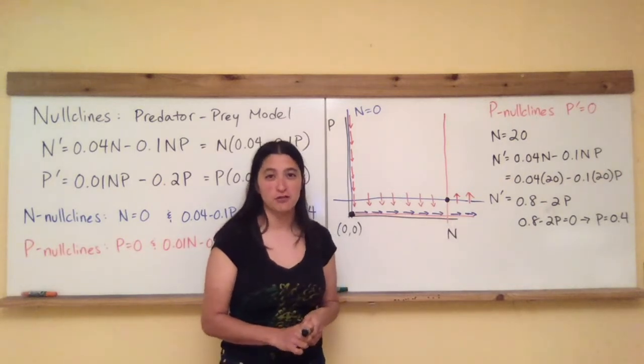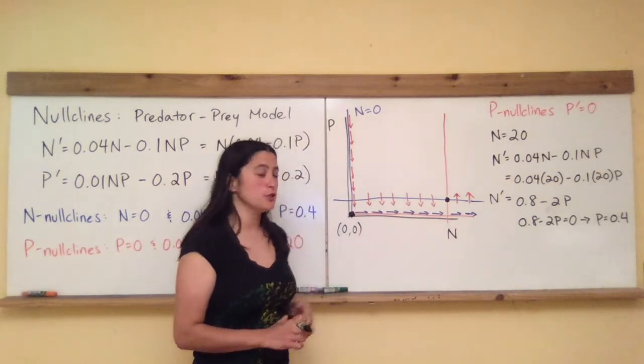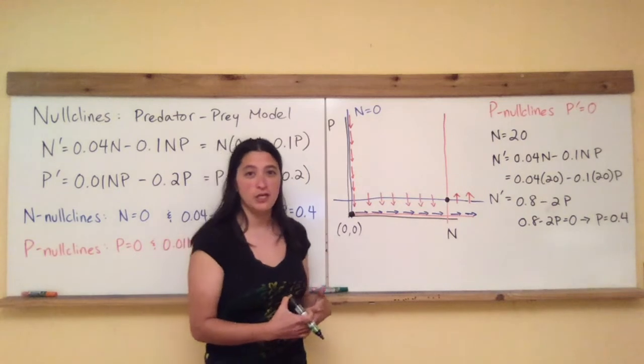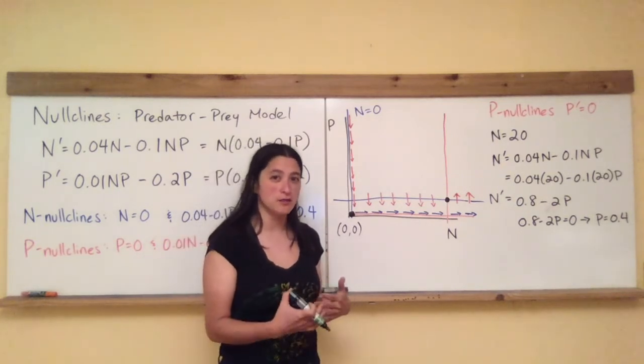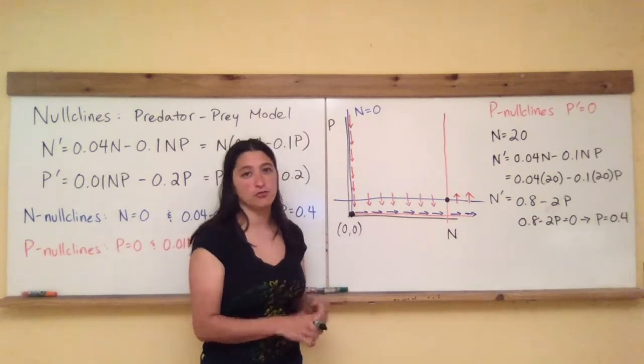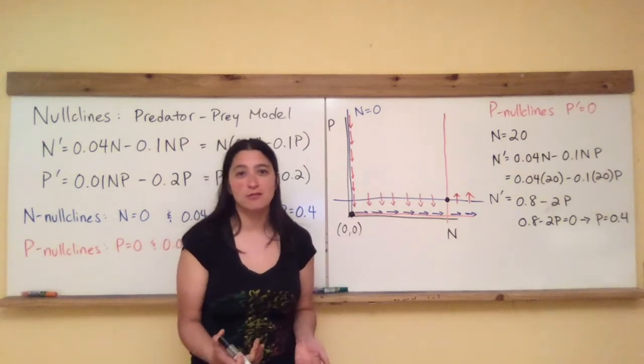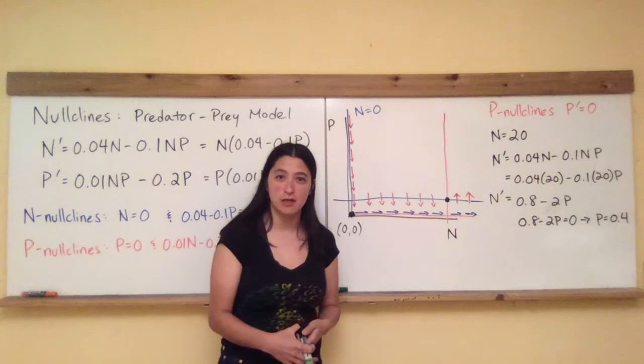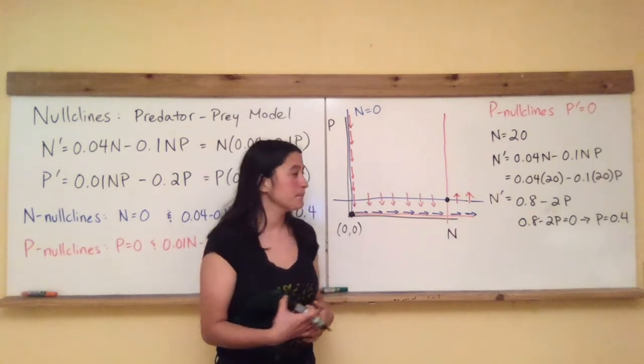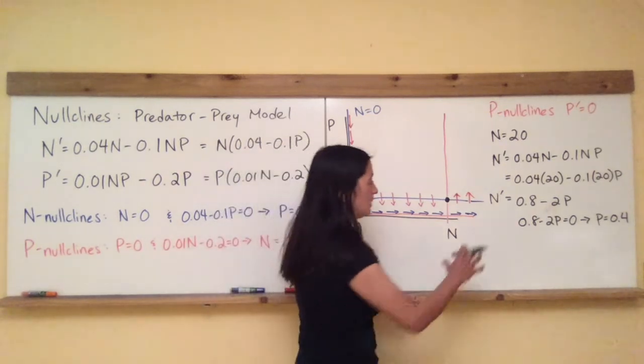That's a general statement. If your vector field behavior is going to make a switch on a nullcline, it's because it passed through an equilibrium point. That's always true. Continuous functions can't change from positive to negative without passing through 0. So we keep implementing that piece of analysis as we go through this.